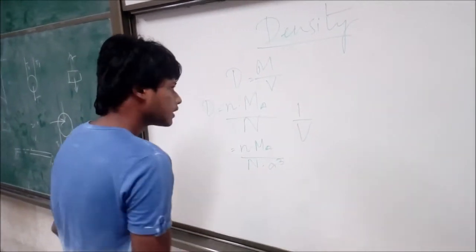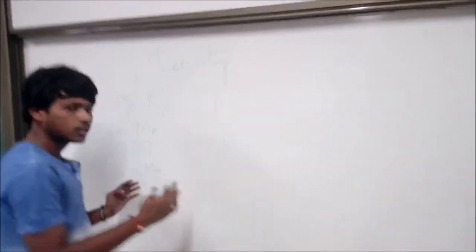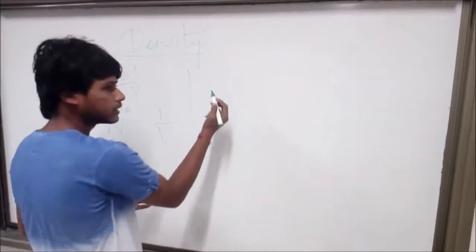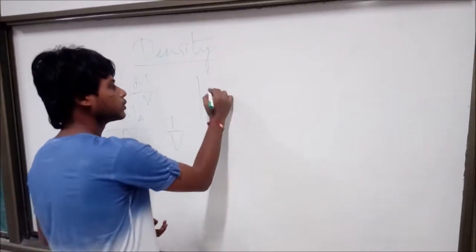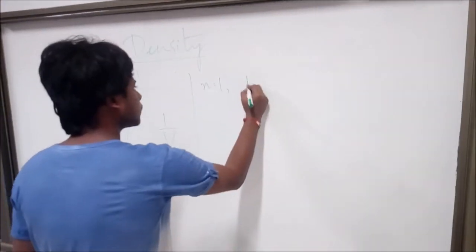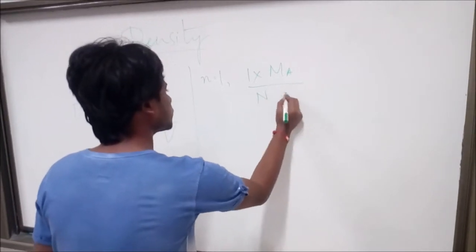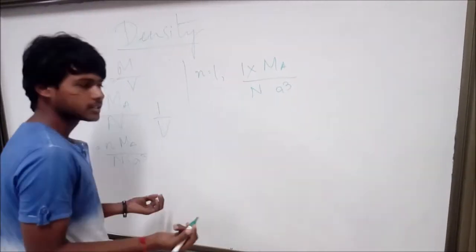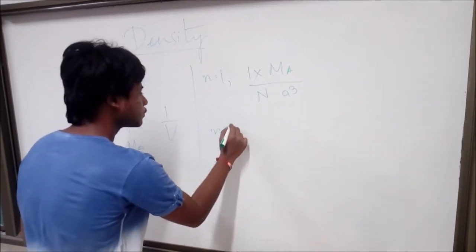Furthermore, we have to calculate the formula for all 3 types of unit cells, namely simple unit cell, BCC and FCC. For the simple unit cell, we know N is equal to 1. So the formula comes to 1 into M by N into A cube. For FCC, the value of N is equal to 4.